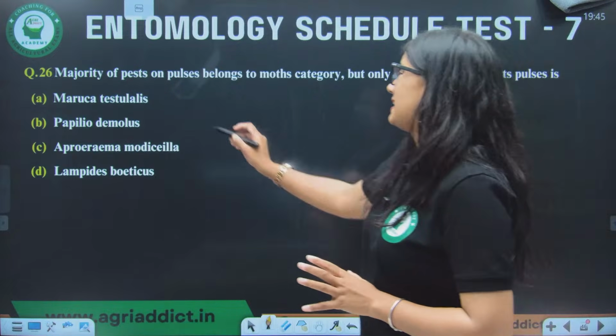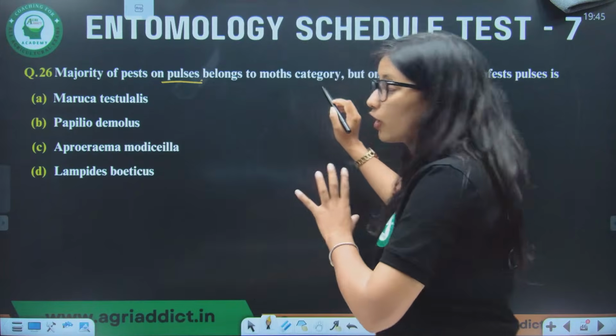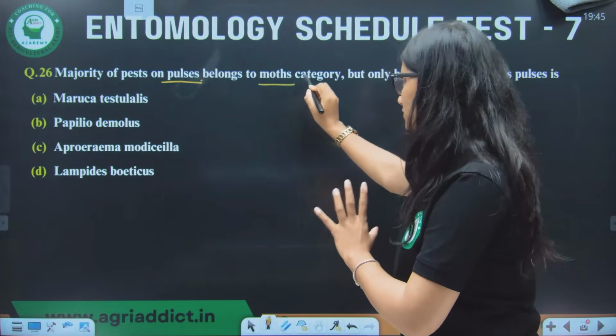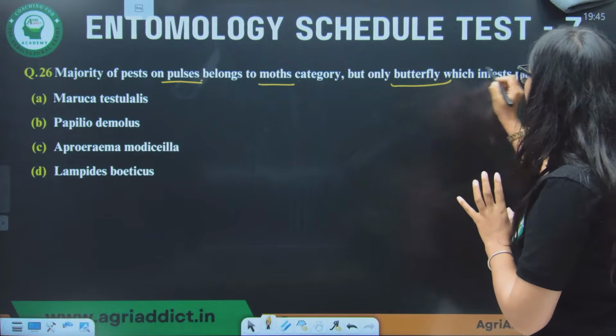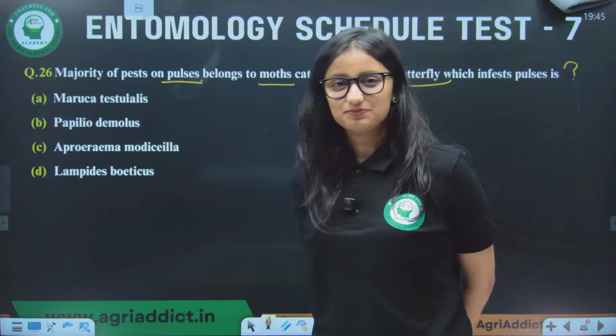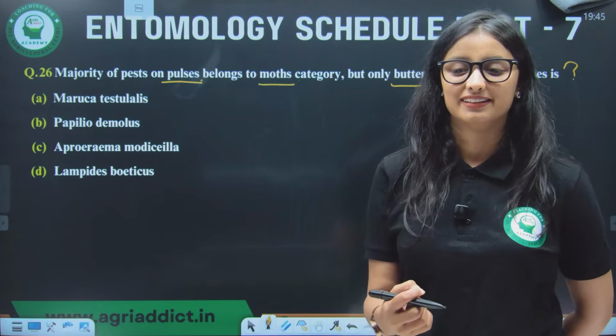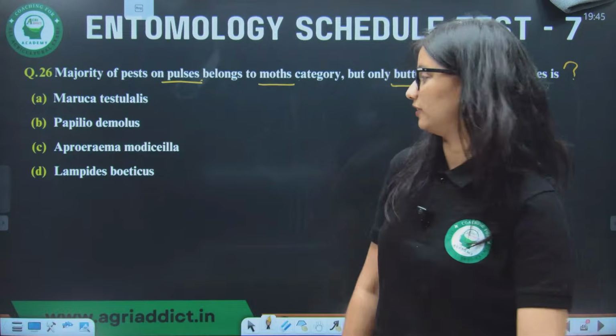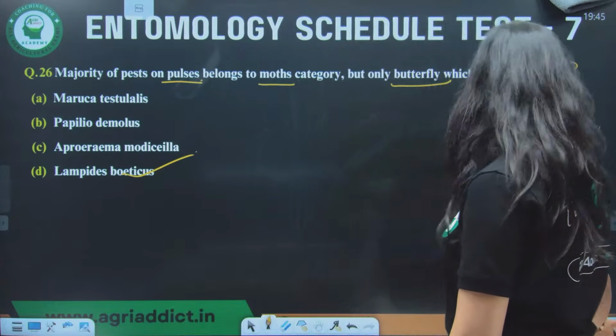The majority of pests on pulses belong to moths. Now again, this is very interesting. But the only butterfly which infests pulses is... Answer quickly. Only butterfly that is attacking. Very good. D, Lampides boeticus.